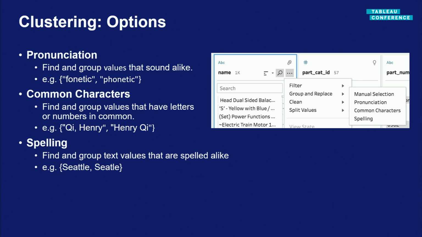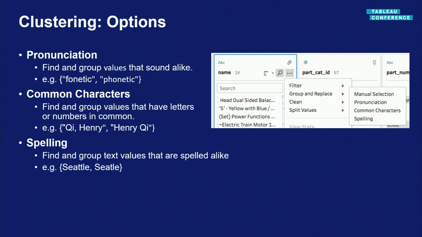Last but not least, grouping by spelling helps you group values that are spelled alike. This is very useful for fixing typos. It's super easy for people to type in one more, one less, or one incorrect character in a word.